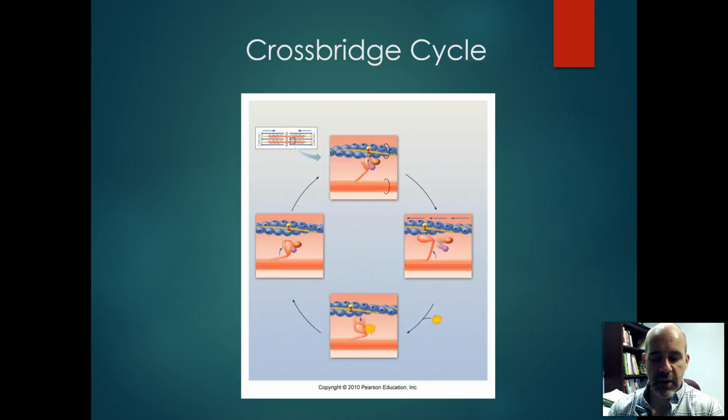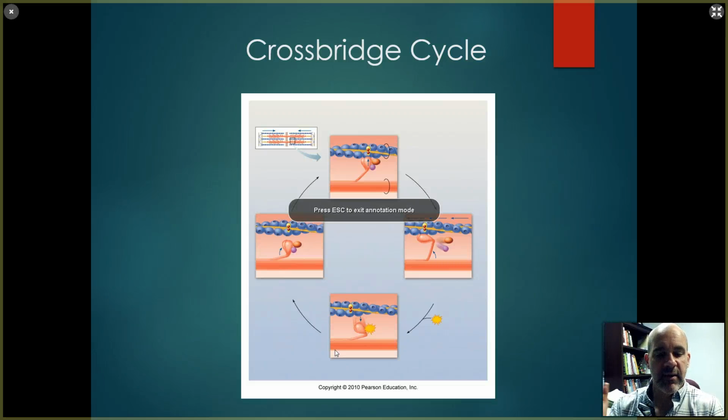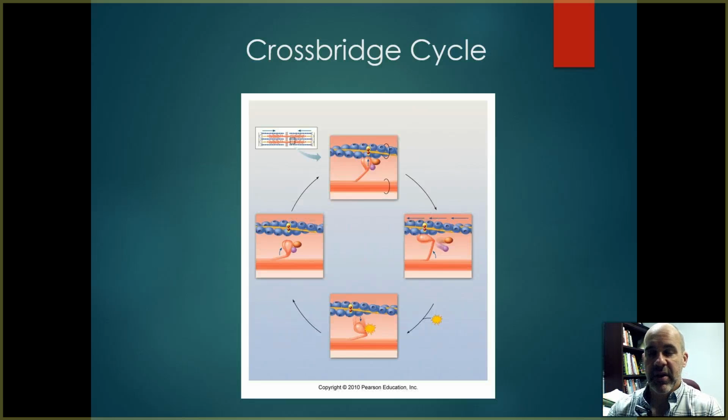Those events are called the cross-bridge cycle. What that's telling us is that as long as calcium is out of the SR, cross-bridging will continue to take place.